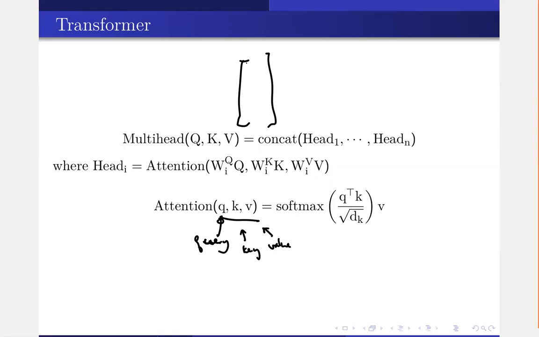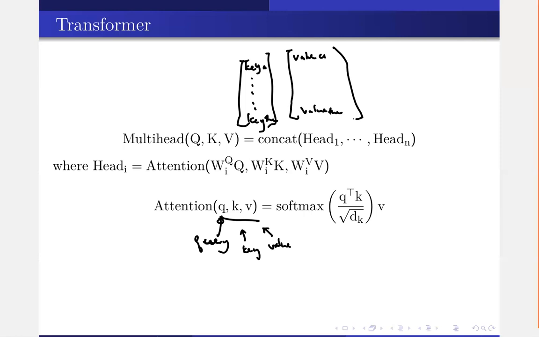So I have keys for different words here. For example, I have a key for "a", a key for "the", something like that. And then I have the corresponding value to represent what is a good representation for "a" and "the". Right.